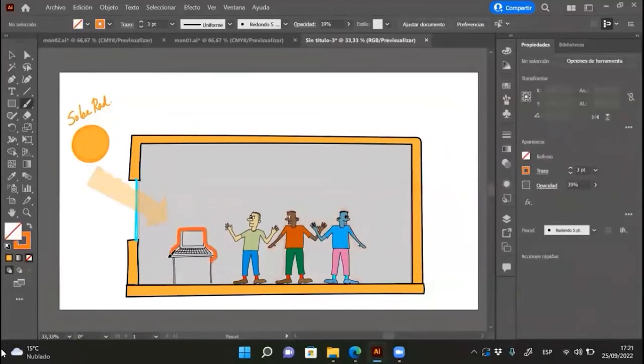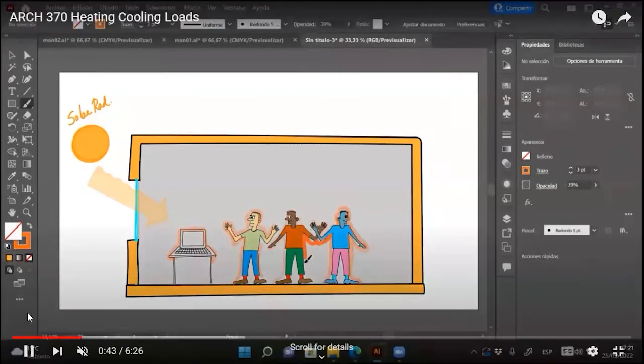Then what else we have? Inside we have internal loads or internal gains. And what does it mean? Well, it means that people, our body temperature is at 90 something in Fahrenheit, and the indoor air is at 70 Fahrenheit. And what about the computers? What about the equipment?